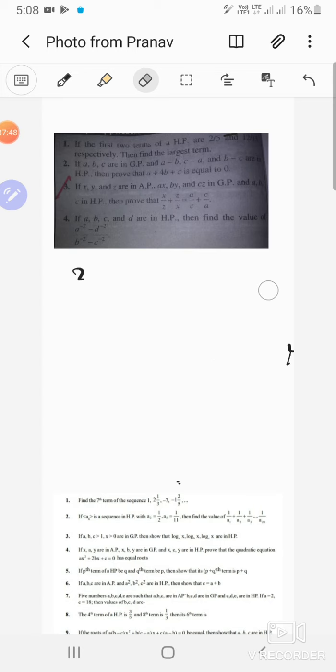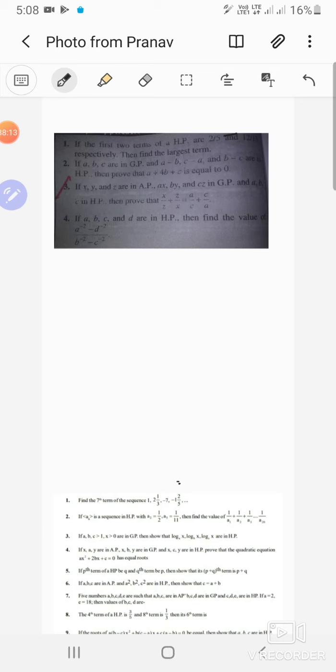If a, b, c and d are in a harmonic progression, then find the value of a power negative 2 minus d power negative 2 upon b power negative 2 minus c power negative 2. Okay, the negative 2 powers are supposed to be reciprocals. We already know that the reciprocals are in an arithmetic progression, so maybe we can use that.